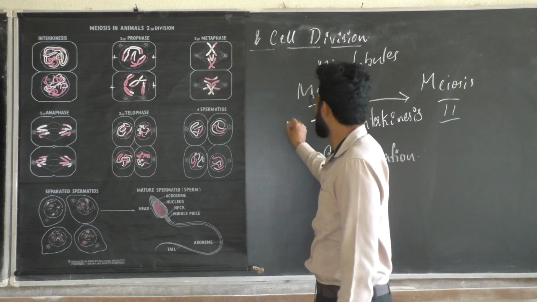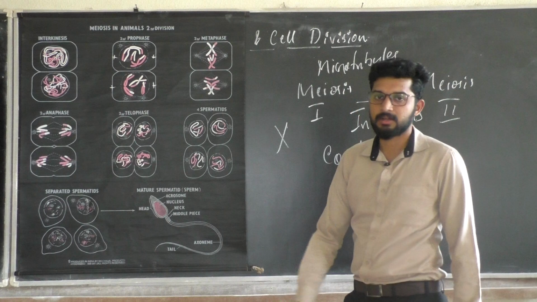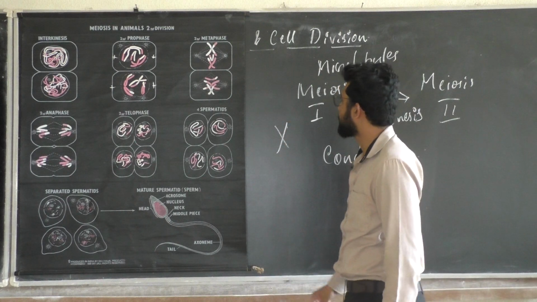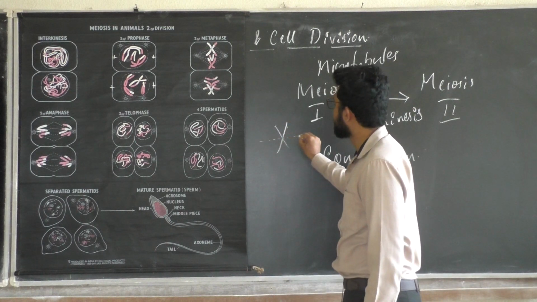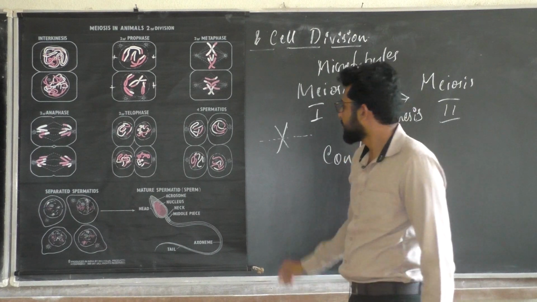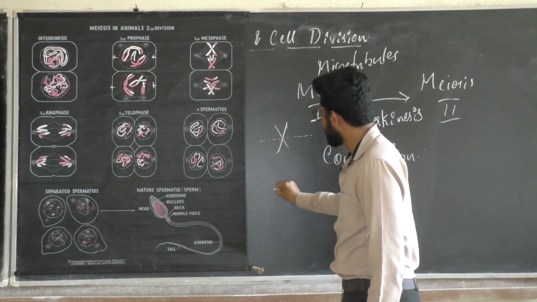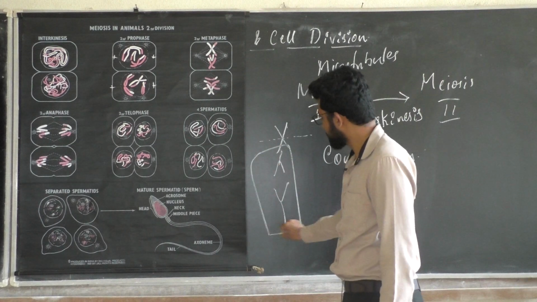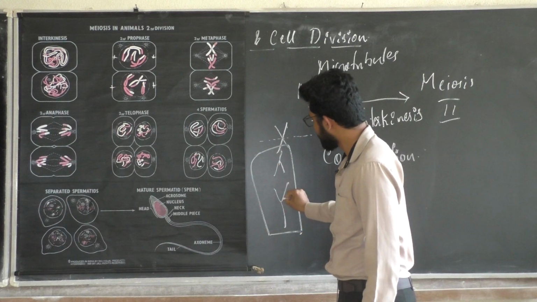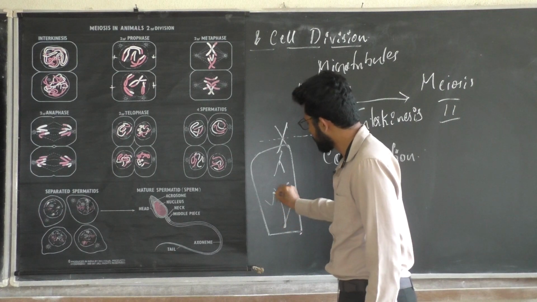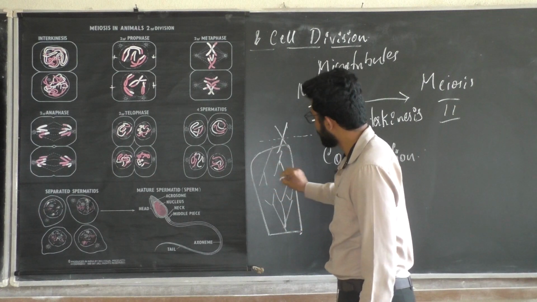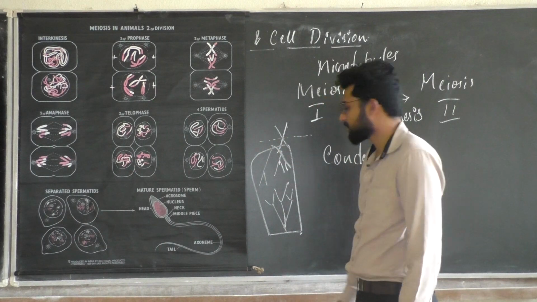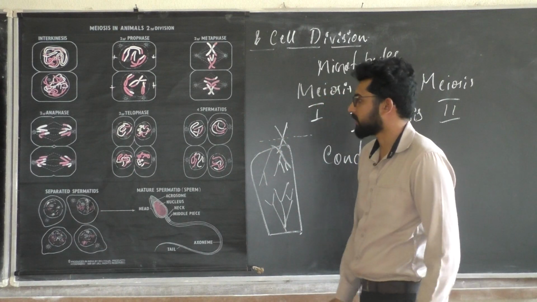The X shape will be attained by the chromosome in the phase of anaphase, and it will undergo a division like this. Now the structure will move towards the pole. This is the cell. The whole structure moves towards the pole.